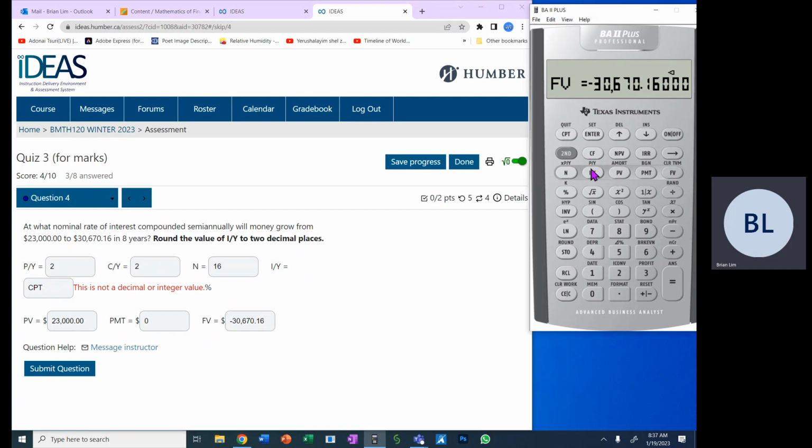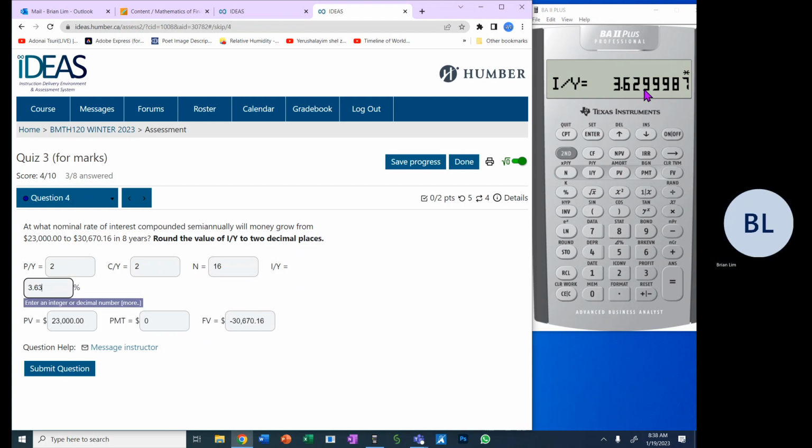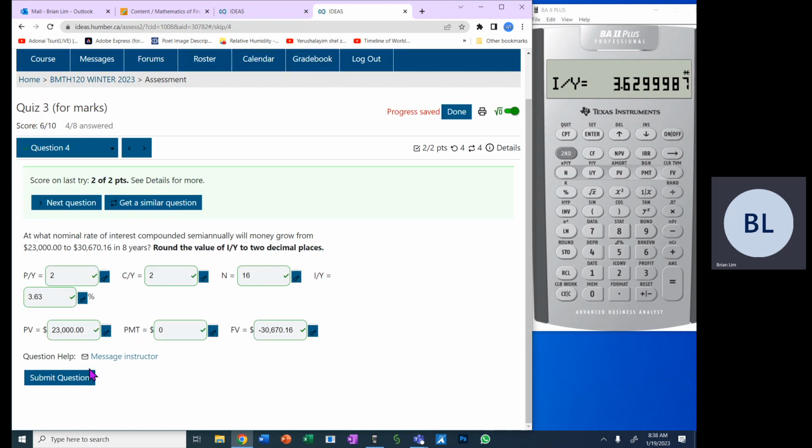So now we will compute the I/Y, and we get an answer, if we round to 2 decimal places, 3.63. All right, and we're rounding to 2 decimal places, so a 9 shows up after the 2, so therefore that should be the answer. And there it is. It is correct.